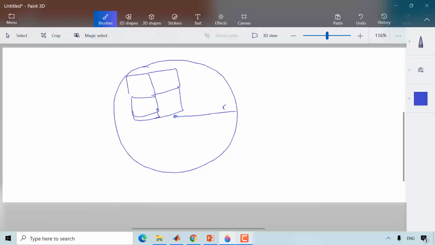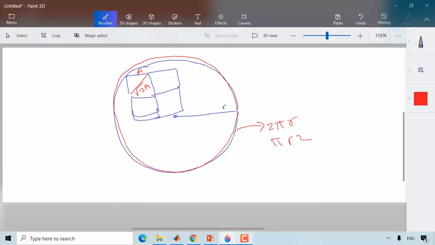So now the side of the square is a, and the diagonal is square root of 2a. This is the circumference of the circle, which is equal to 2 pi r, and the area of the circle is pi r squared.